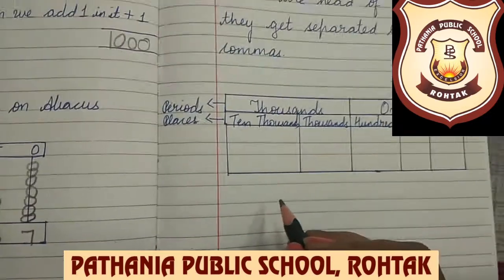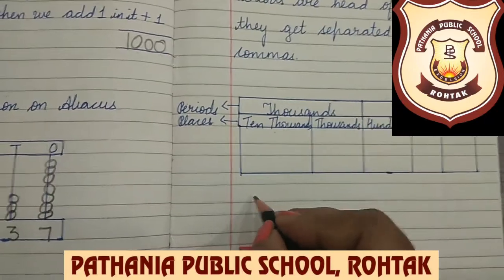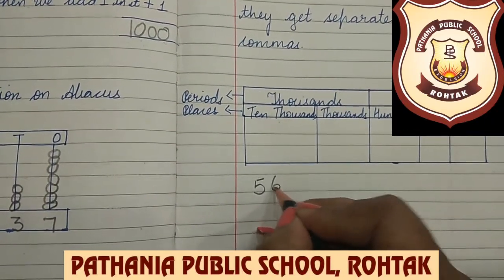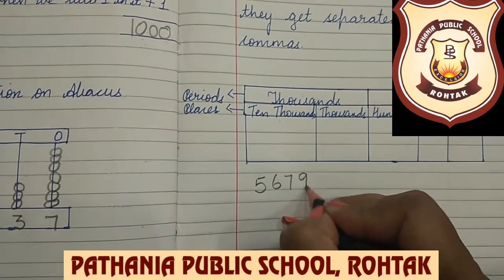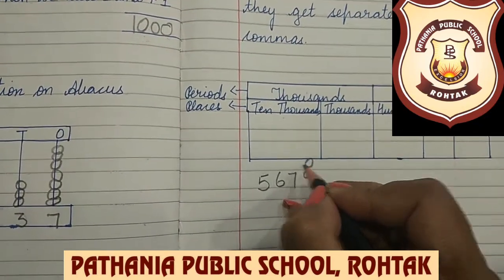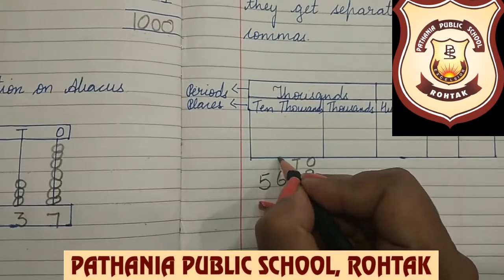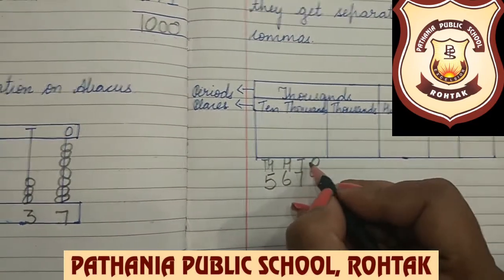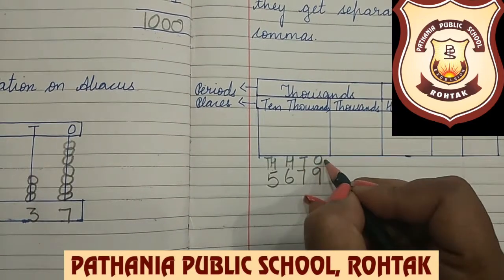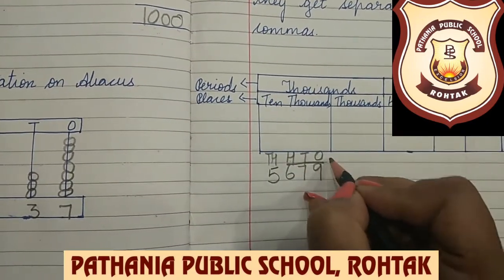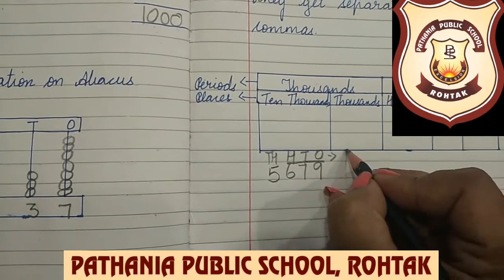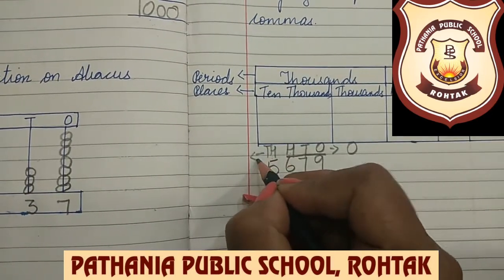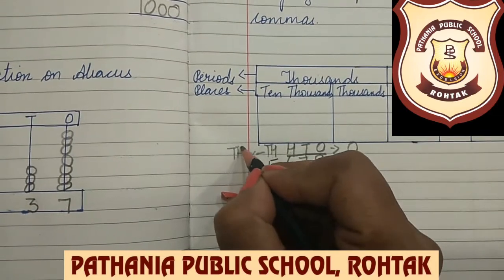Now how can we separate the periods? See, if I have written a number 5679, this place is ones, this is tens, this is hundred and this is thousand. Now we know ones, tens and hundred, these three places come in one period which is ones. But this thousand comes in another period which is thousand.